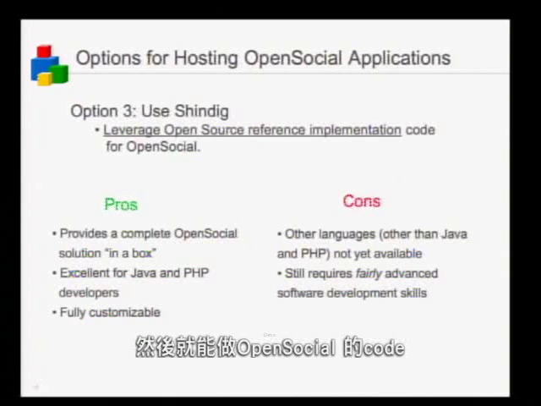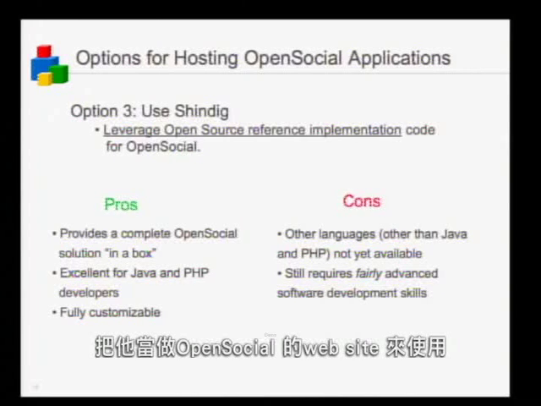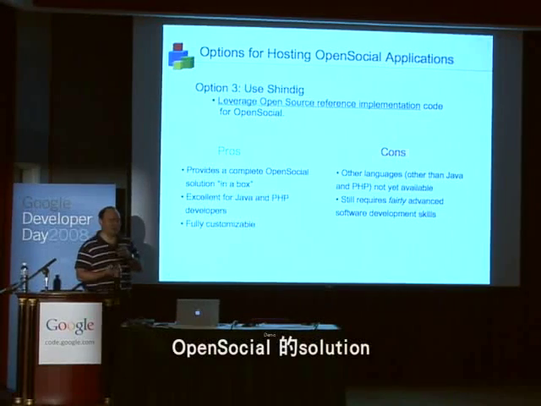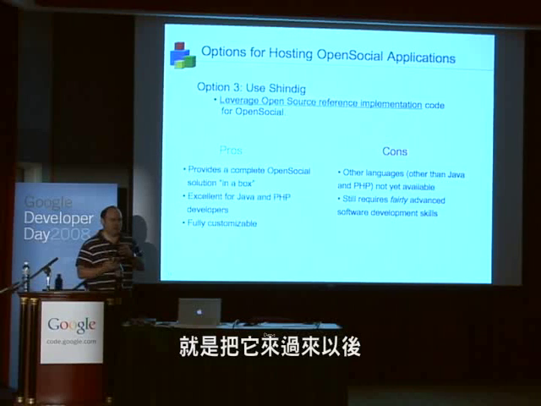You can download it, build it, run it, and immediately deploy it to use as an OpenSocial container for a website. The benefit of this is that you have a complete OpenSocial solution in a box, so to speak. This is an expression meaning that you don't have to do a whole bunch of extra stuff; you just download it, plug it in, and run it, and you're generally running without too much effort.